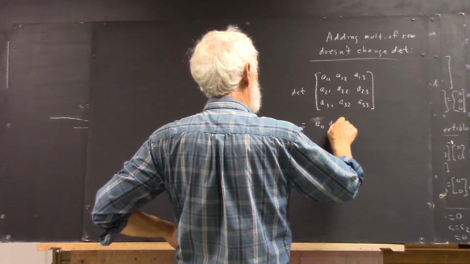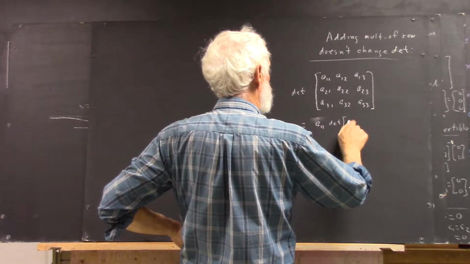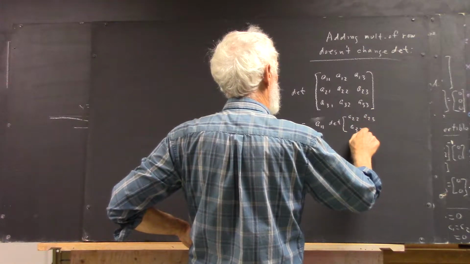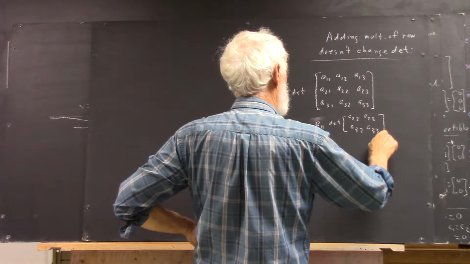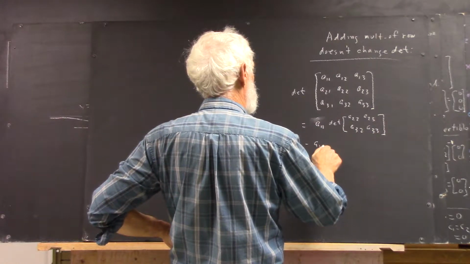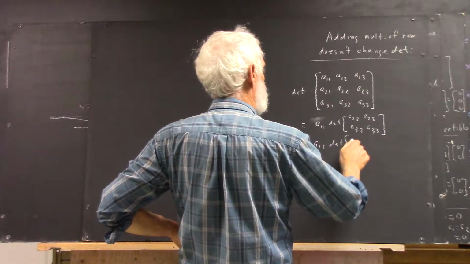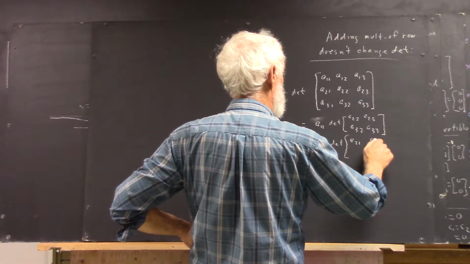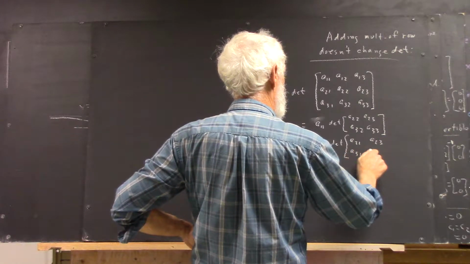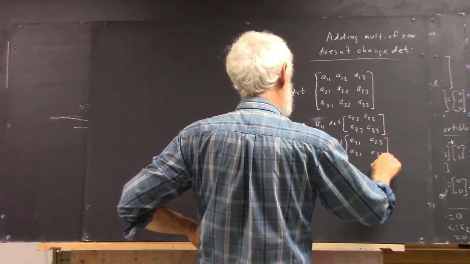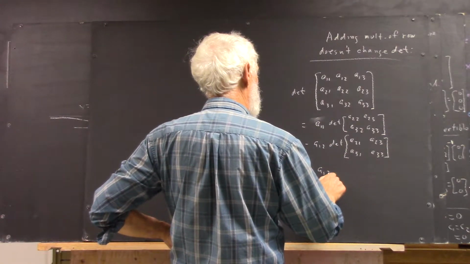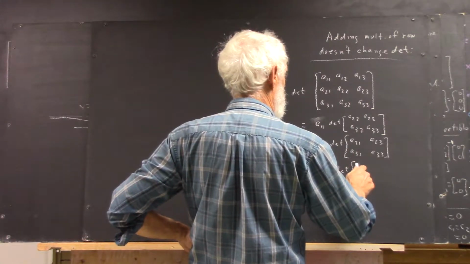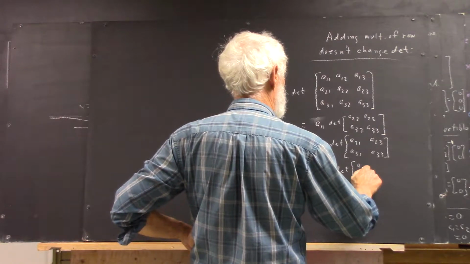A11 times the determinant of the minor, minus A12 times the determinant of the 1,2 minor, plus A13 times the determinant of the 1,3 minor.